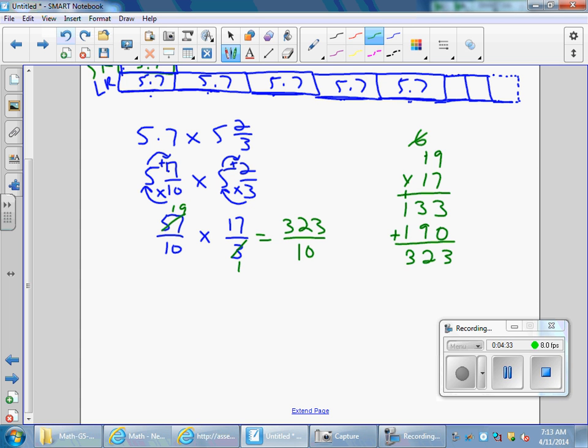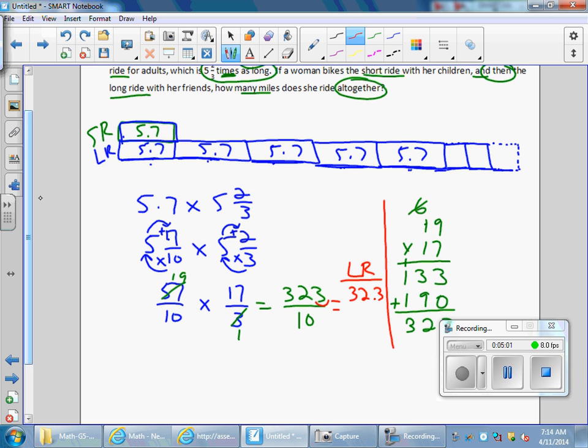And I know from earlier in the year that dividing by 10, I could simply move the decimal to make it 10 times smaller. So that long ride is 32.3 miles.